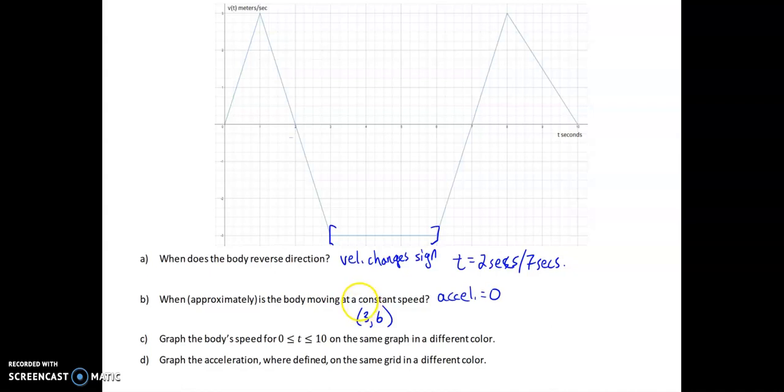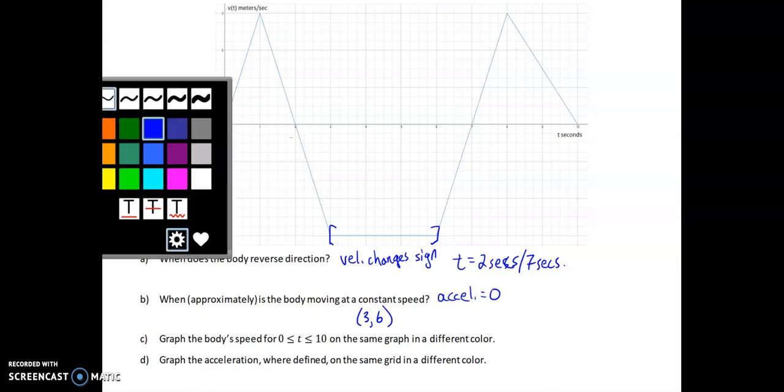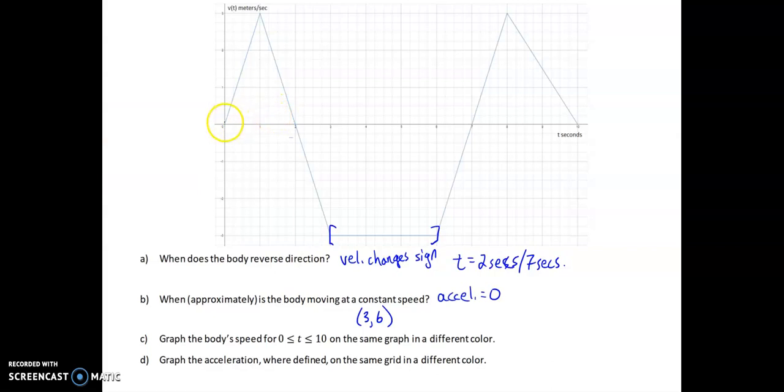Then it tells me to graph the body's speed on the same graph in a different color. Remember, speed is the absolute value of velocity. So it's always going to be positive. This thing is going to go up to a value of 4, and then it's going to go along.